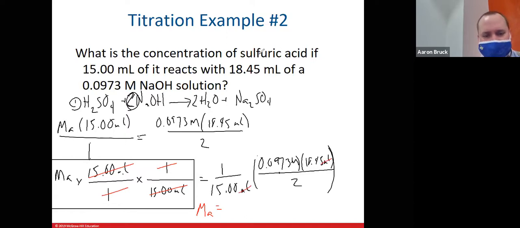Everything else is left behind. 1 times 0.0973 times 18.45 divided by 15 divided by 2. 0.0598 molar sulfuric acid.